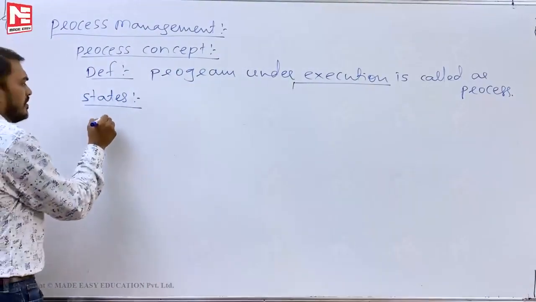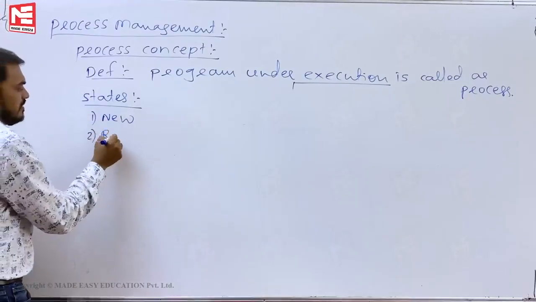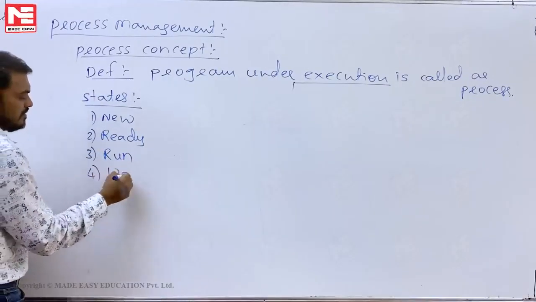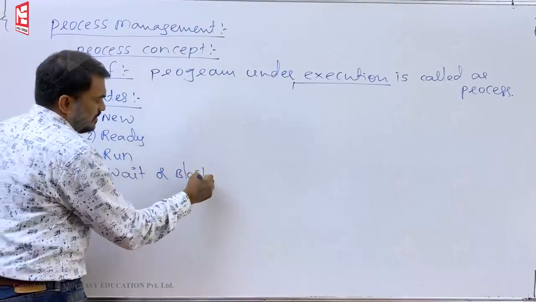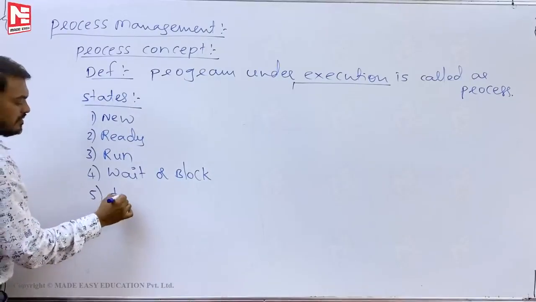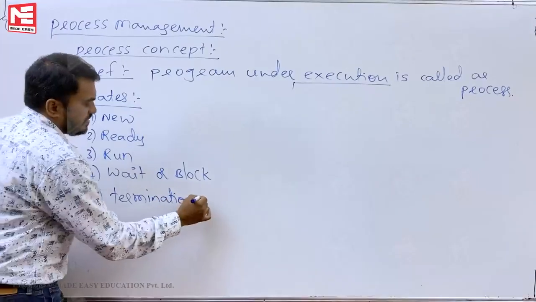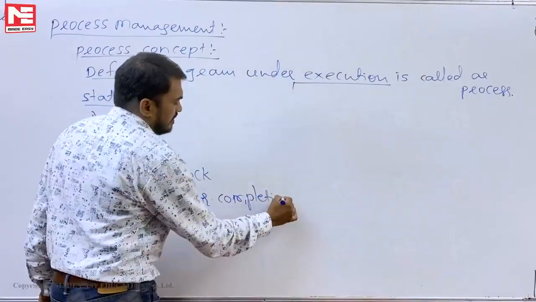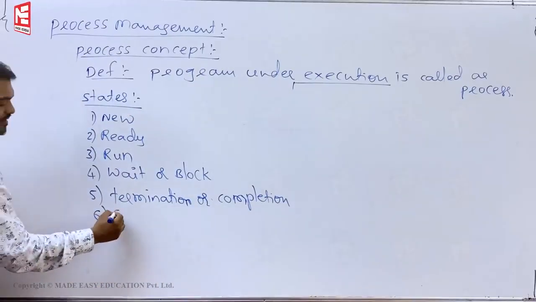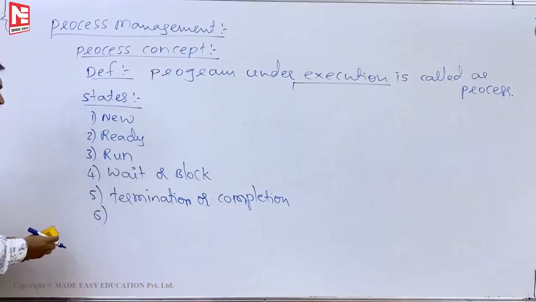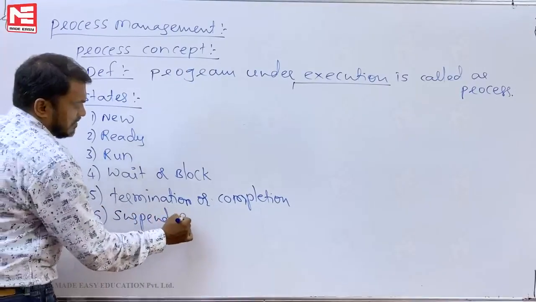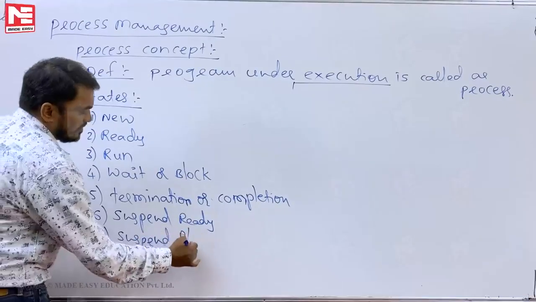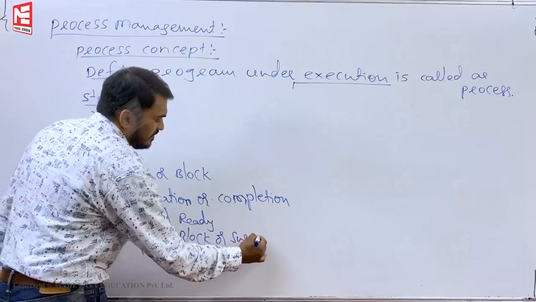What are the states the process will have? Note down: the new state, next the ready state, running state, next the wait or block state, termination or completion state, and next the suspend ready state, suspend ready, and next suspend block, or you can say suspend wait.